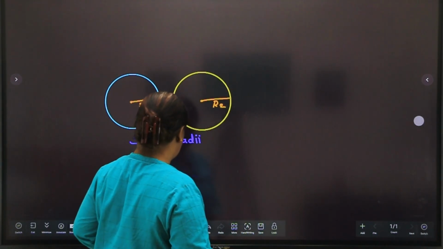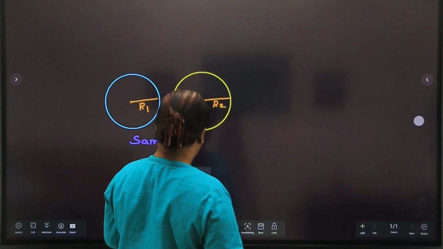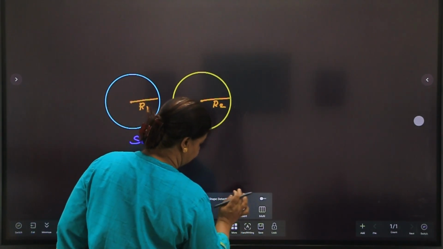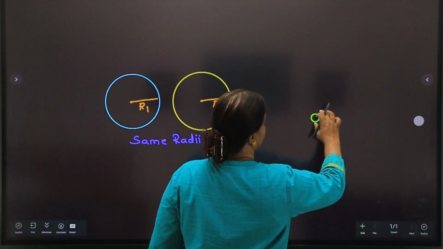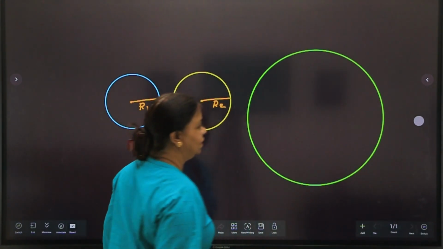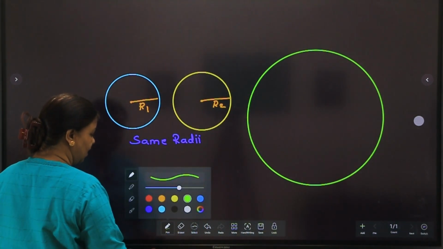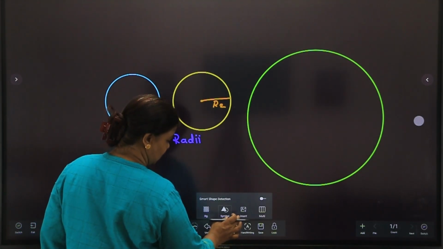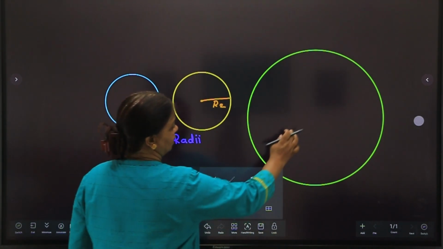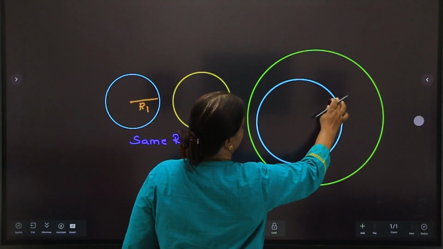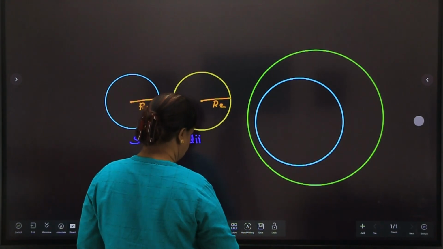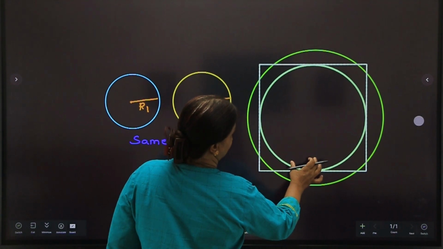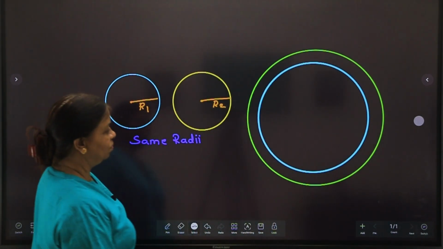Now different circles with the same center. Let me take one circle which is green. Another circle which is blue.